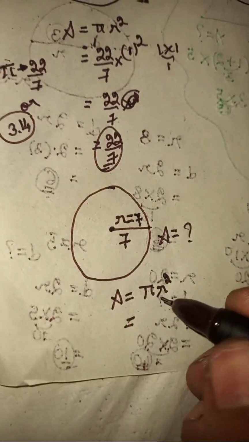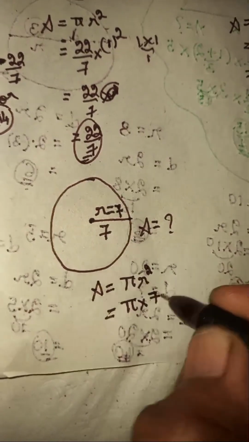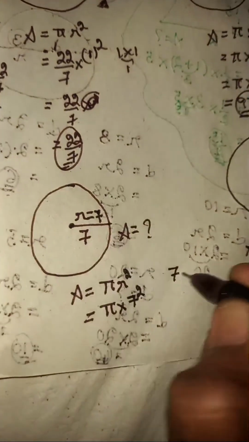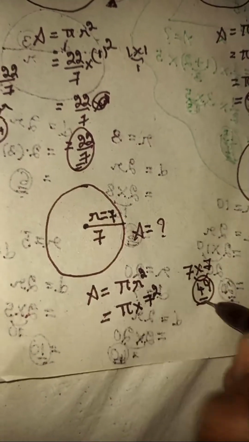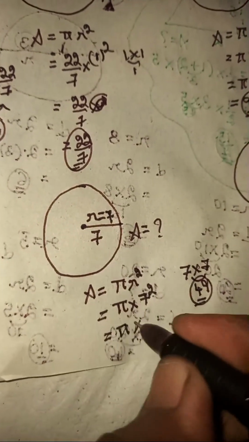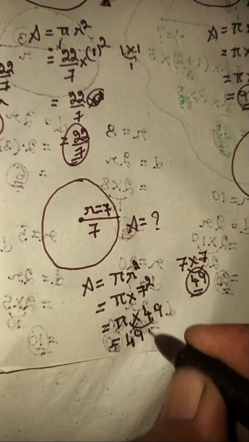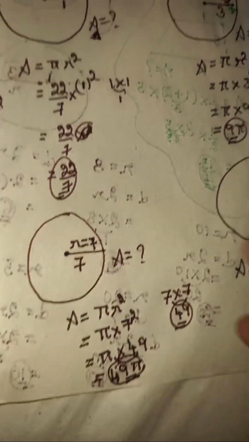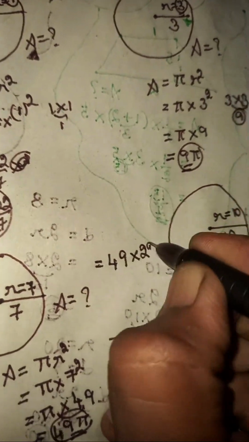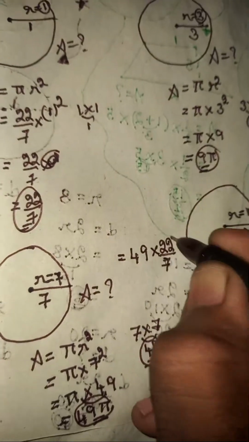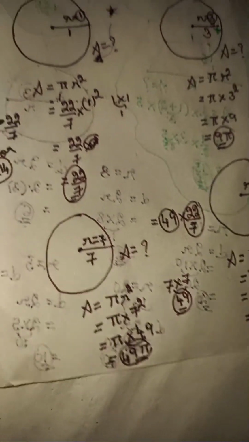Pi r square means you can take pi as it is, radius as 7, 7 square. 7 square is 7 times of 7, which is going to become 49. So it is pi times of 49. It's going to become 49 pi square units. You can substitute this: 49 pi can be taken as 49 times of 22 by 7, or if in the options they have given it, you can keep it like this.